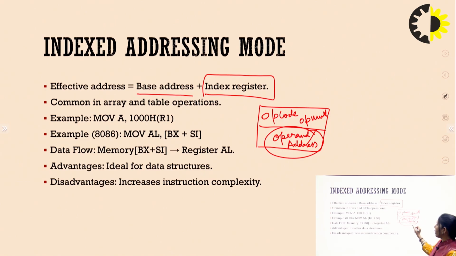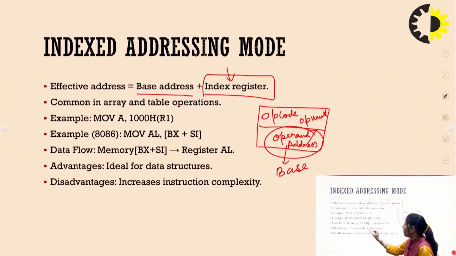This acts as the base address, and to this base address a constant value which is stored in the index register is added, and from there the data is accessed. This base register value and index register value together, when added, give us the effective address, and that effective address will help us locate the operand finally.